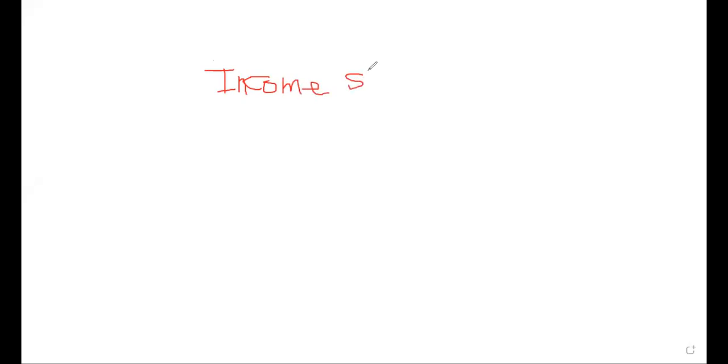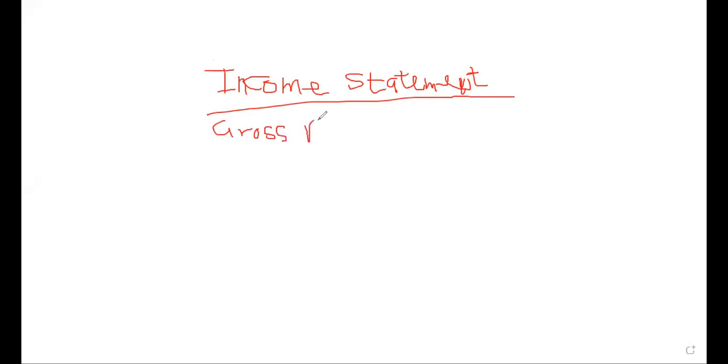So under the income statement, you look at the performance of the business in terms of the gross profit made during the accounting period, as well as the net profit. So the major ones are the gross profit and the net profit in the income statement.